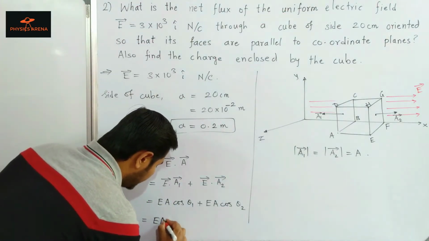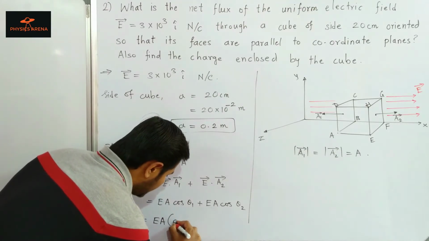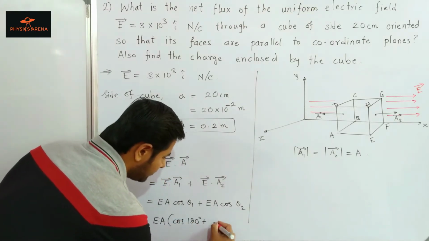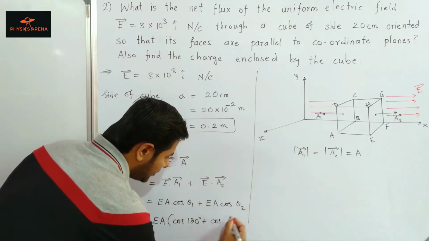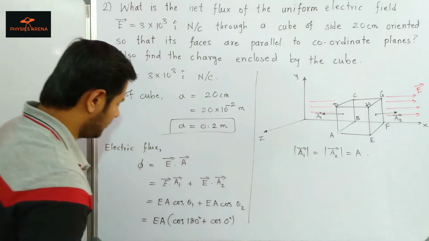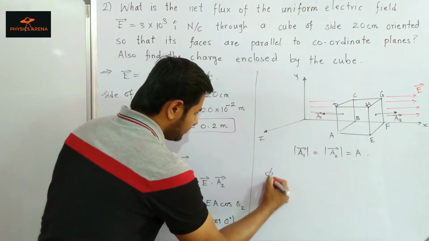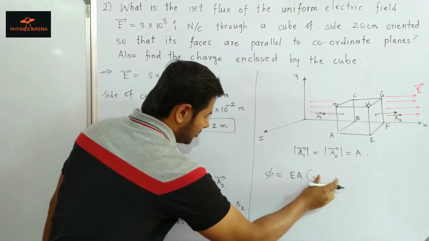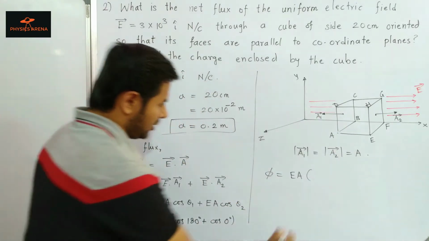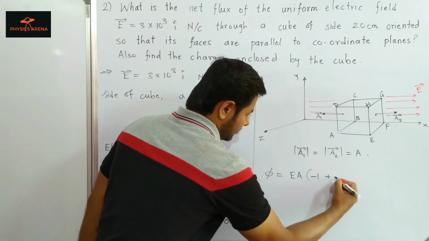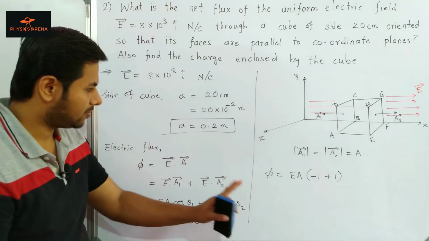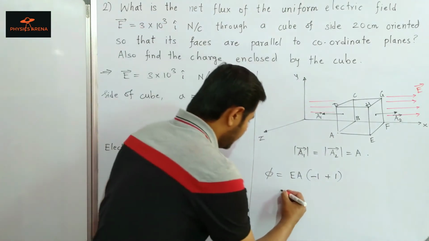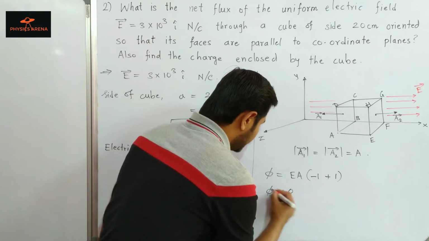We can take E and A common: cosine of 180 degrees plus cosine of 0 degrees, which is E times A into, cosine of 180 is minus 1, cosine of 0 is plus 1, minus 1 plus 1 is 0. So the flux is 0.